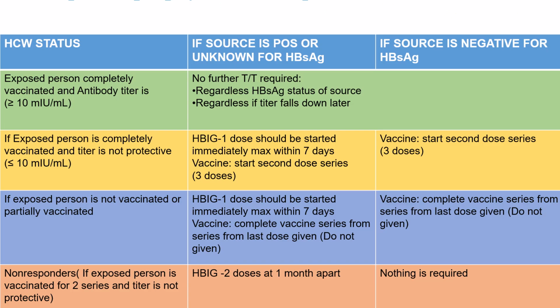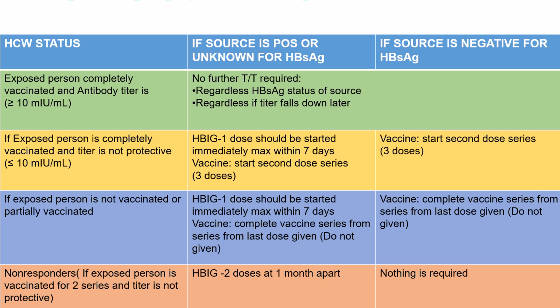Healthcare worker status for hepatitis B. If the exposed person is completely vaccinated with antibody titer more than or equal to 10 milli-units per ml, and the source is positive or unknown for HBsAg, no further treatment is required, regardless of HBsAg status of the source, even if titer falls later.